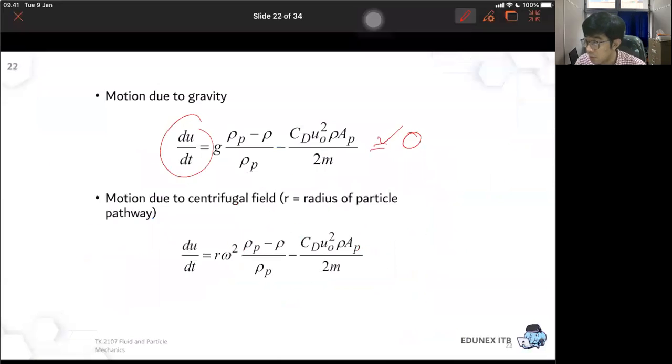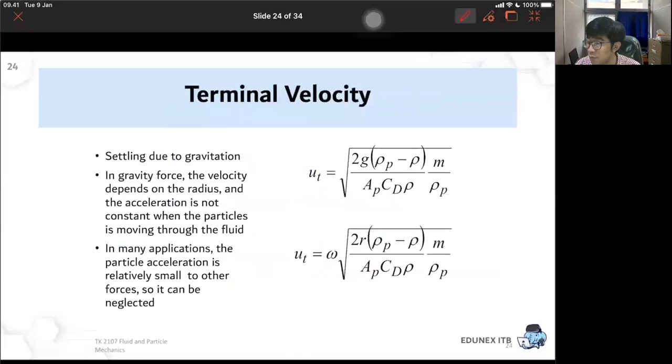So by taking this one equals 0, basically what you need to calculate is this one, right? G is already constant, the density is constant, the projection area is constant, the mass is constant, then you just need to calculate the drag coefficient. So basically the terminal velocity will be a function of this one. In the gravity force, the velocity will depend on the radius and other parameters as well.